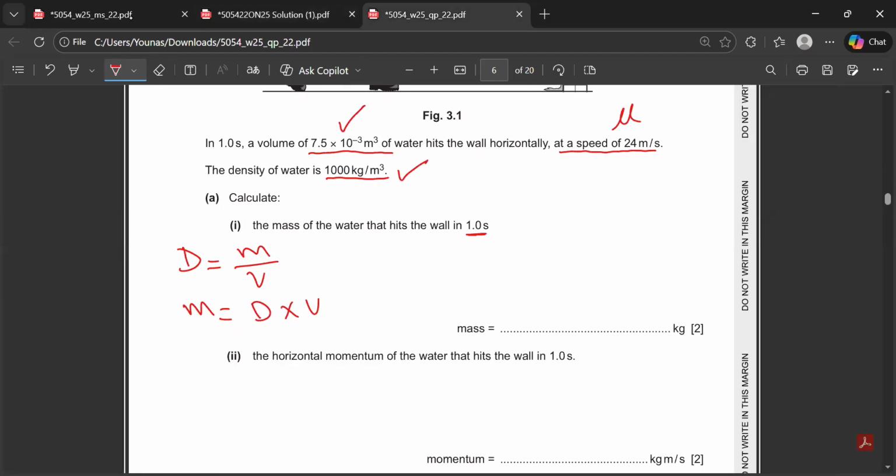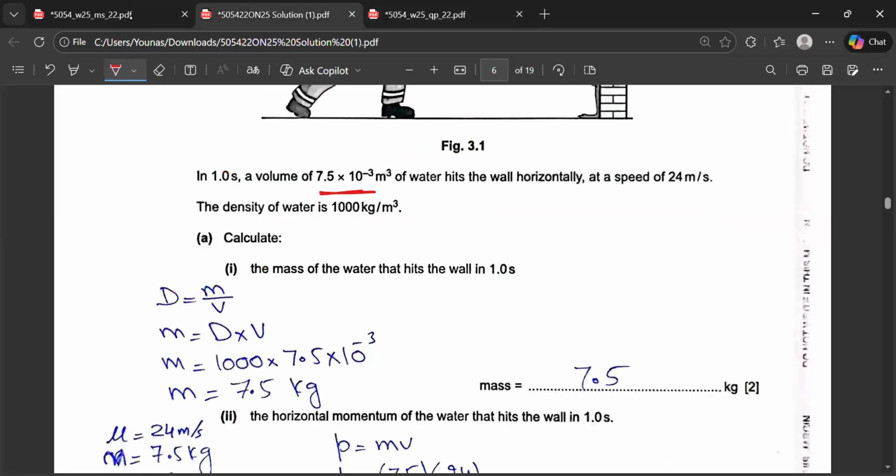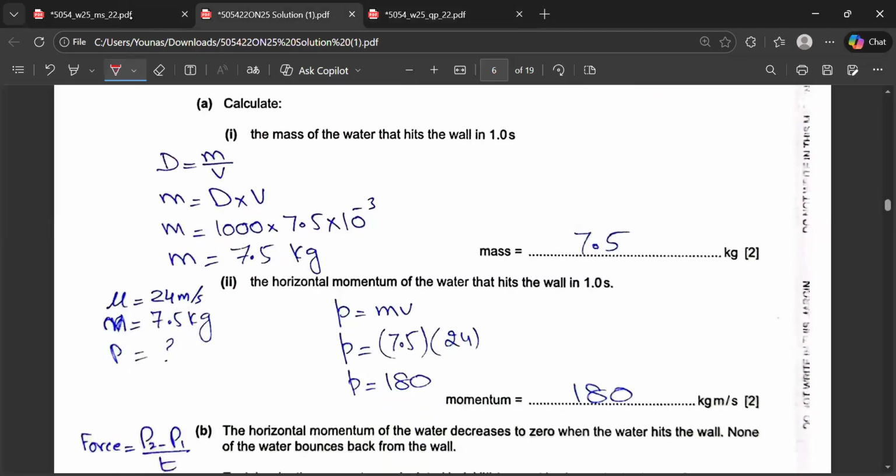He asks for the horizontal momentum of the water that hits the wall in 1 second. You know the momentum is represented with a small p, and it is the product of the mass and the velocity. We just calculated the mass in the first portion, and we know the velocity is 24 m/s, so you can calculate the momentum very easily.